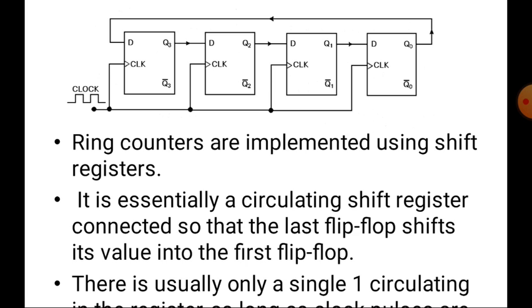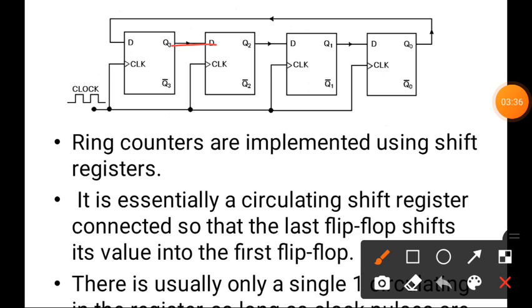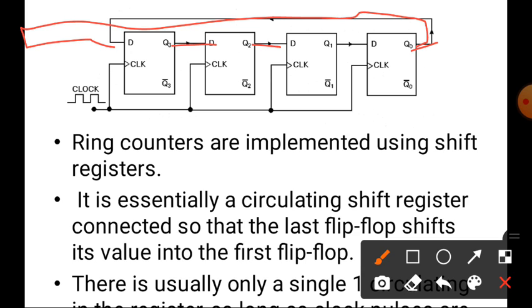Here the flip-flops are arranged as in a normal shift register, that is, the output of each stage is connected to the D input of the next stage. The output of the second flip-flop is connected to the D input of the next stage, but the Q output of the last flip-flop is connected back to the D input of the first flip-flop.